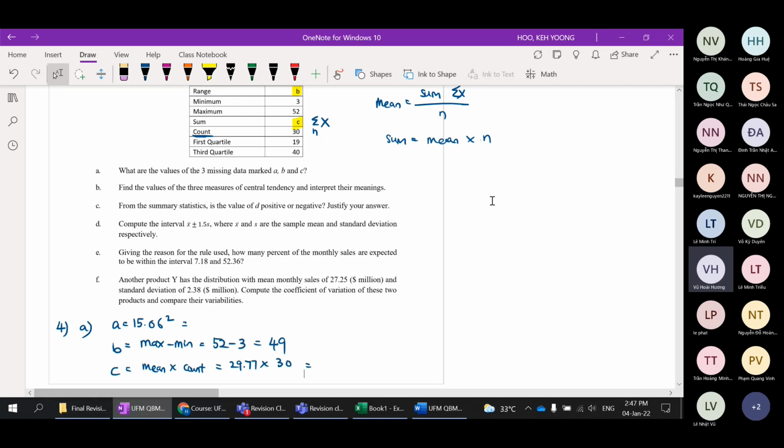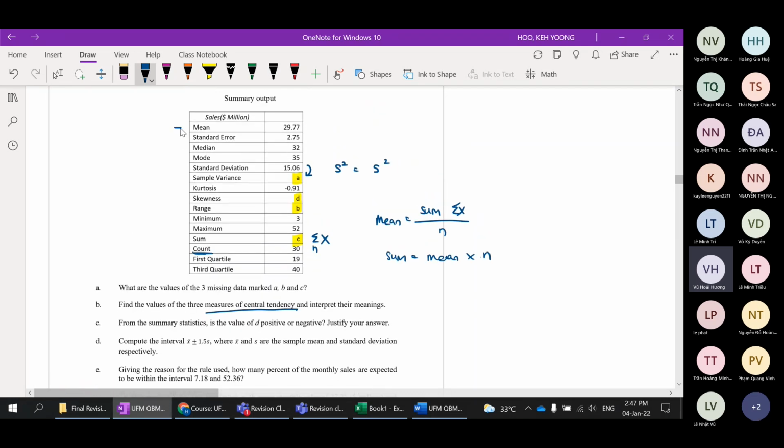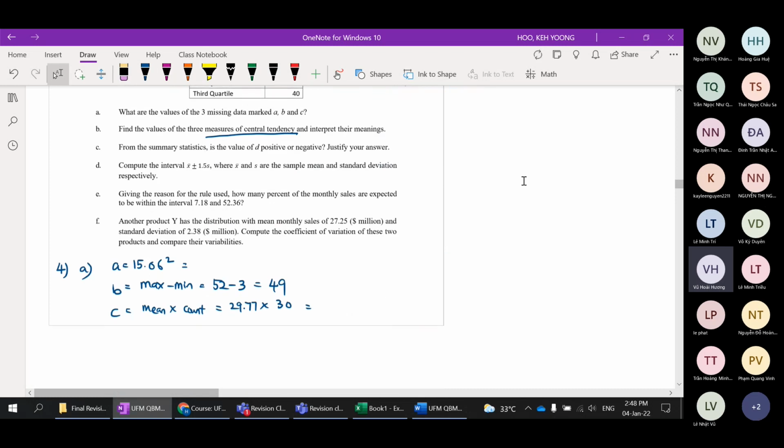Okay, question B. Find the values of the three measures of central tendency and interpret their meanings. Whenever you see measures of central tendency, it always refers to the three measurements: mean, median, and mode. Because you're given the output, you can straight away extract the values out and do the interpretations.